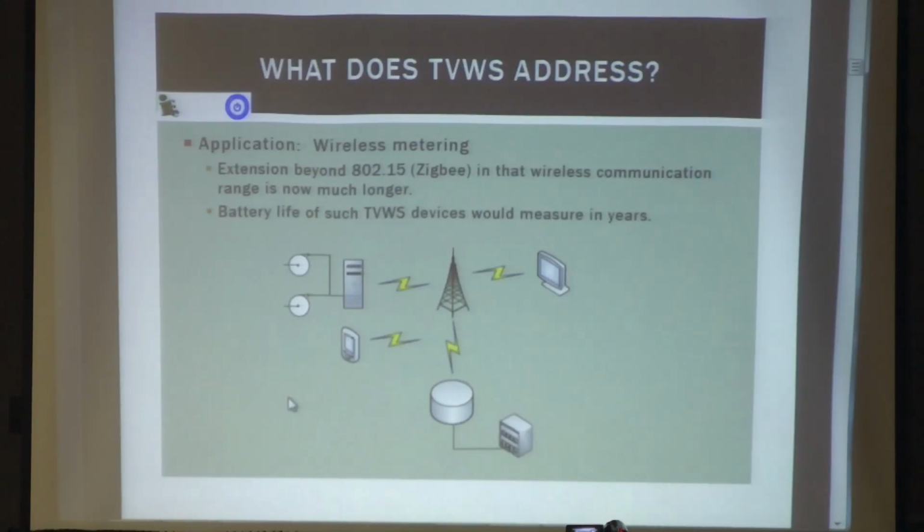One step further, if you apply TV white spaces, instead of the truck driver driving over, you now have a low-power wireless network where your metering devices connect directly to a local base station.